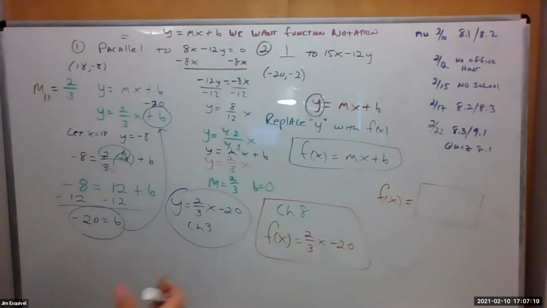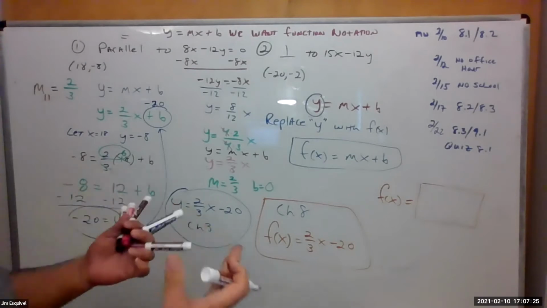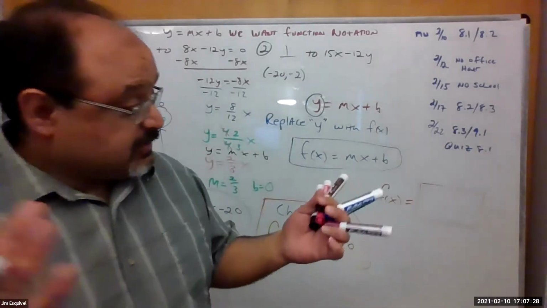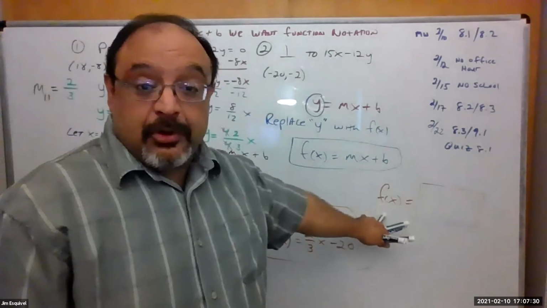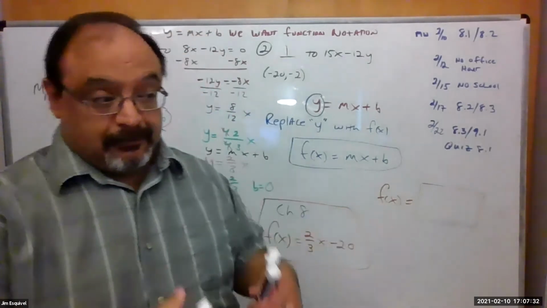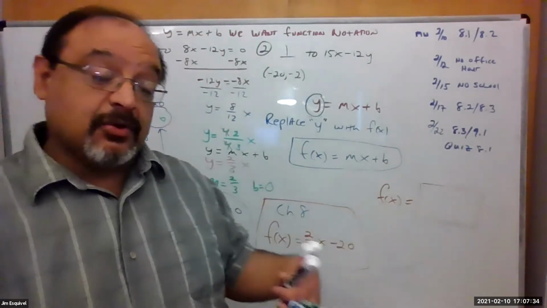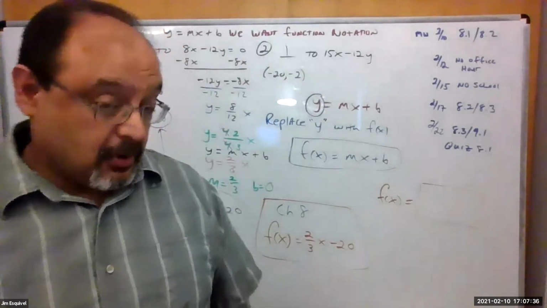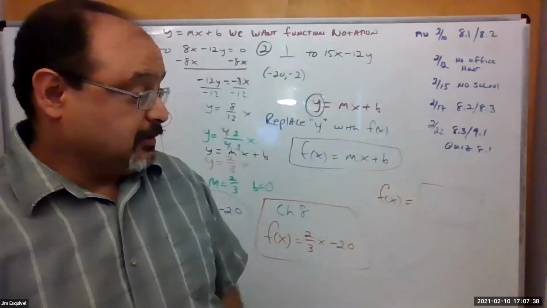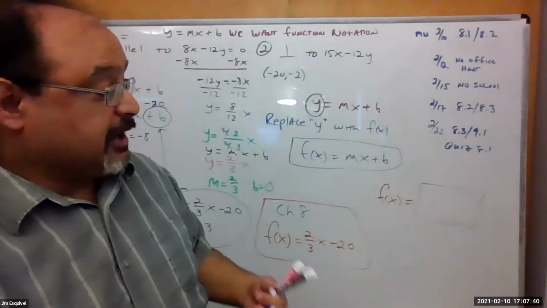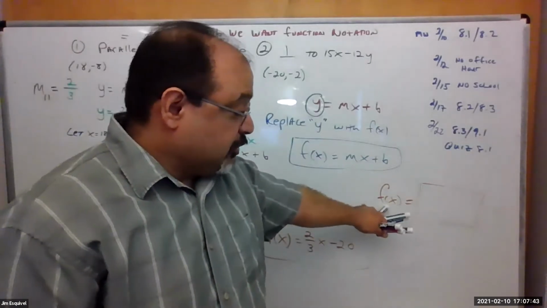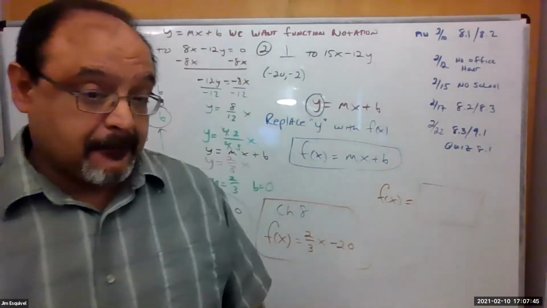You don't have to type out f of x equals. So when it comes time to actually do your test or quiz, you haven't actually written this out by hand unless you're working it out on paper when you do your homework. And then you take your quiz or you take your test, you got to make sure you write this down and follow directions.